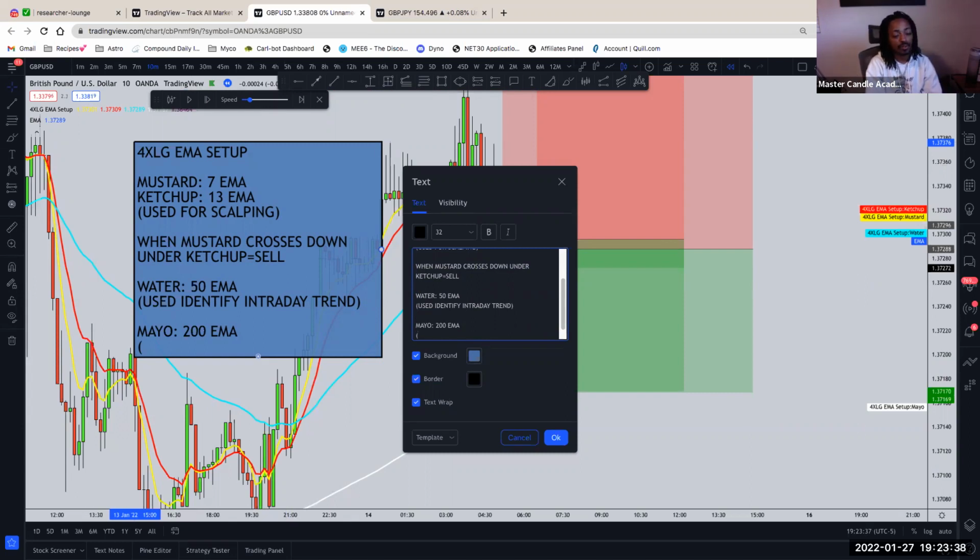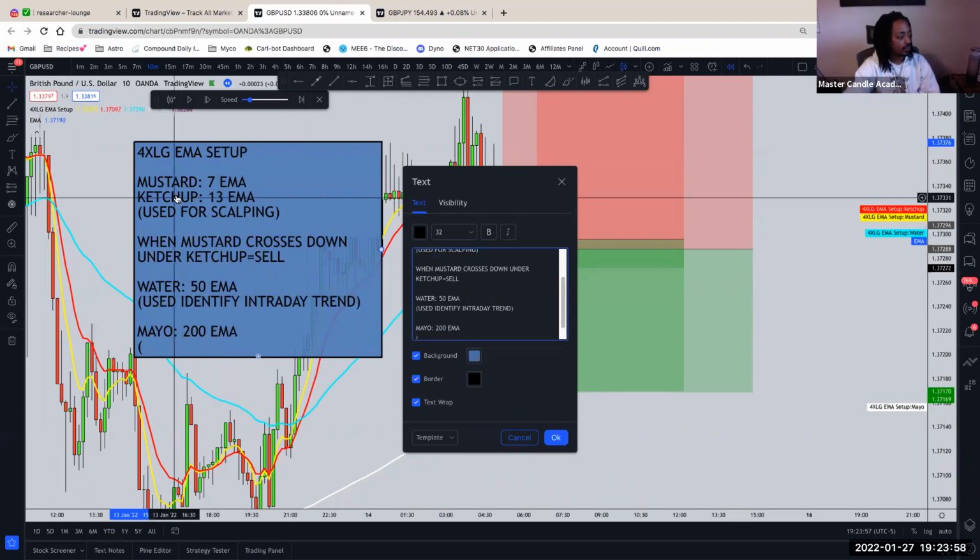Mayo is identifying support, I'd say, from the 4-hour time frame up until about 8-hour, 12-hour time frame, right? 4 hours and above, pretty much, is what the 200 EMA is showing you the trend of, right?